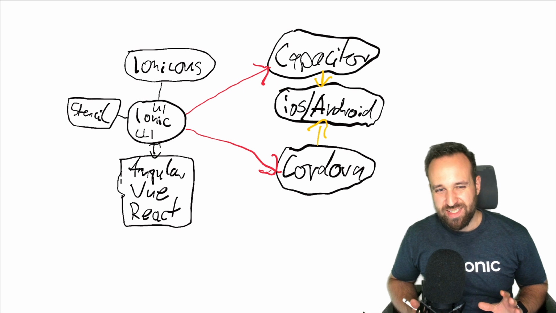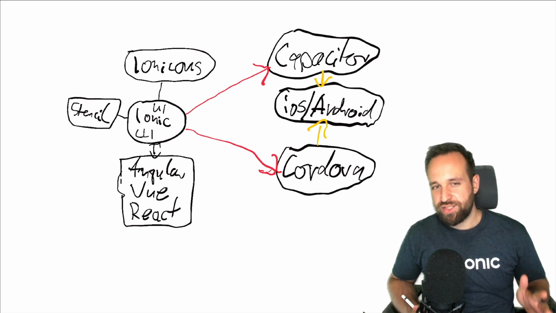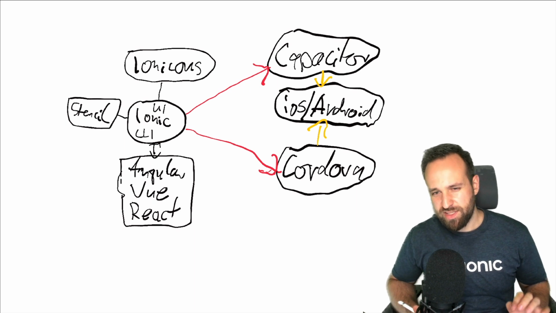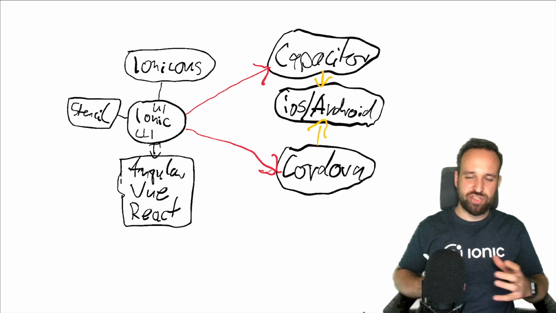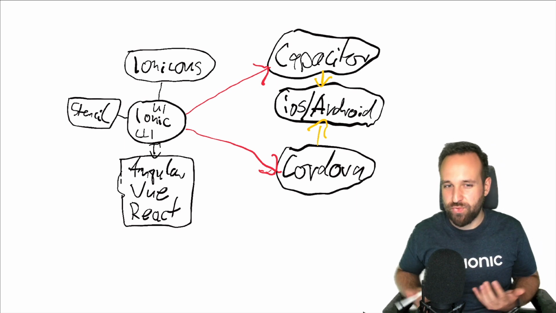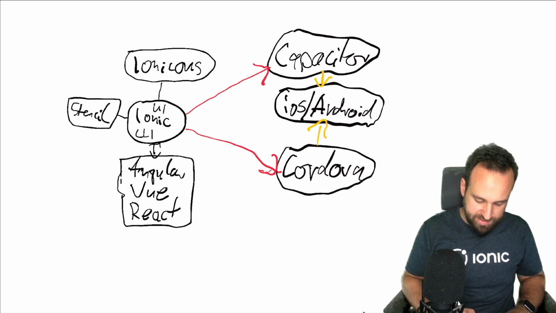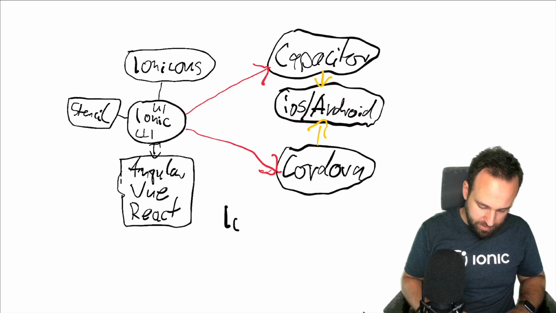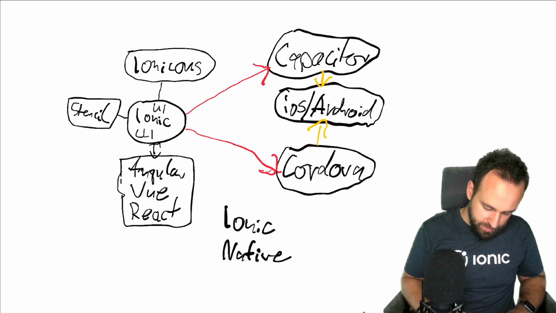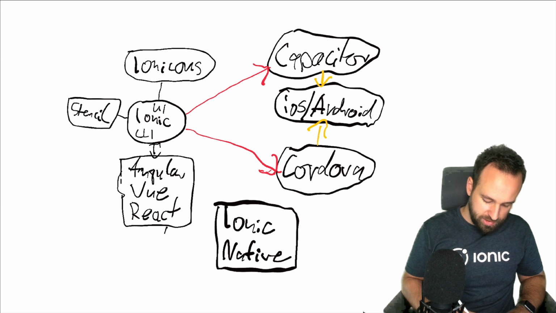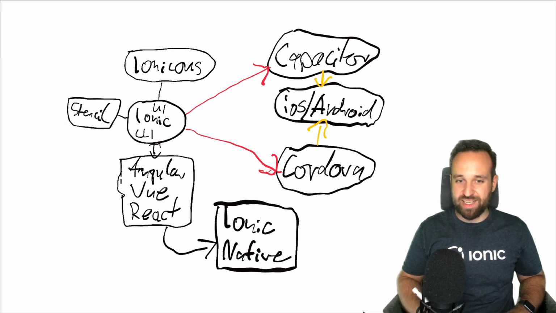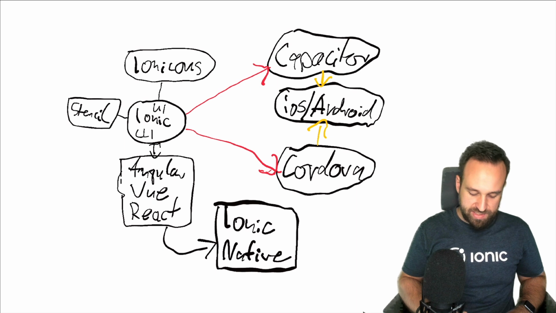Ionic Native itself doesn't give you access to native functionalities. I was confused by this in the beginning as well, but Ionic Native is just a TypeScript wrapper around Cordova plugins. So I'm gonna put Ionic Native down here because you can install the packages, but what you also need at the same time is a Cordova plugin.